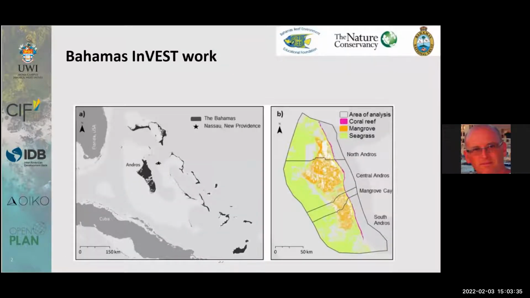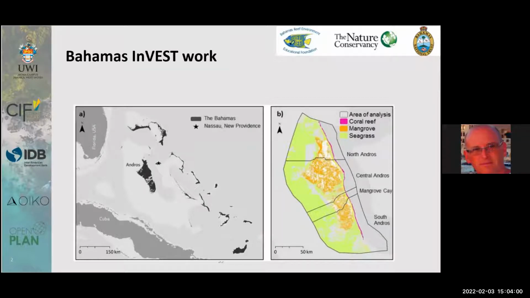And again, more recently, through the work of the Nature Conservancy, through the Natural Capital Project, which was IDB funded, and the role of Stanford University in the US, they managed to use INVEST to the best effect on Andros Island. Andros Island is the largest island in the Bahamas.